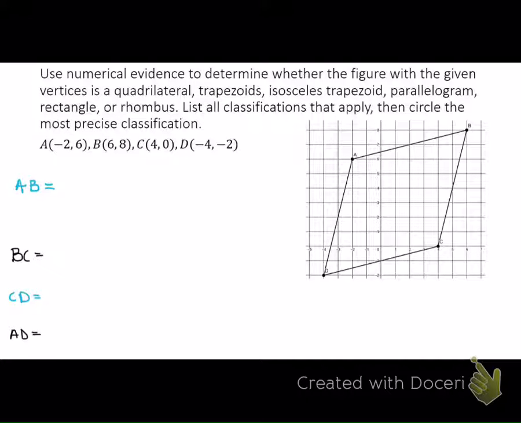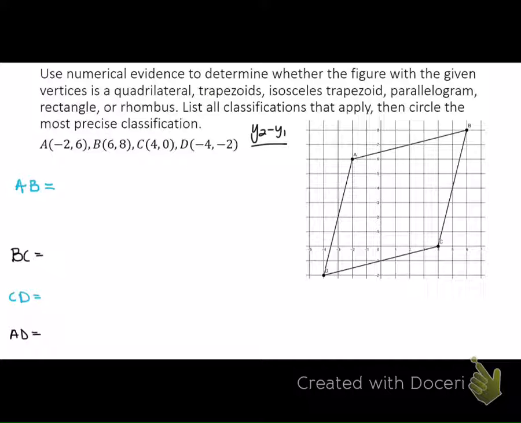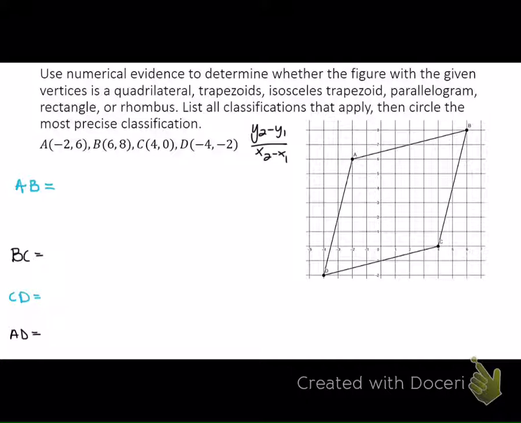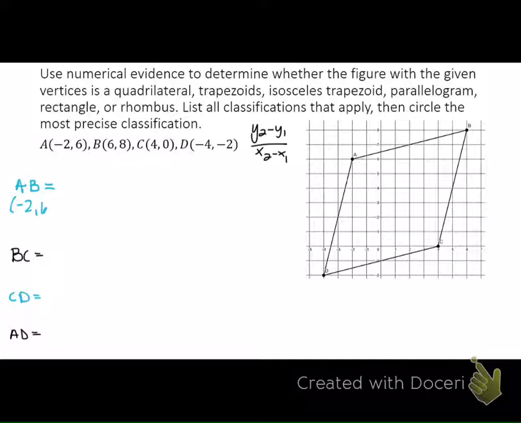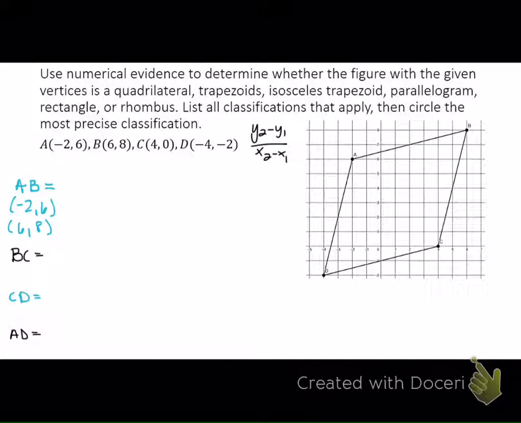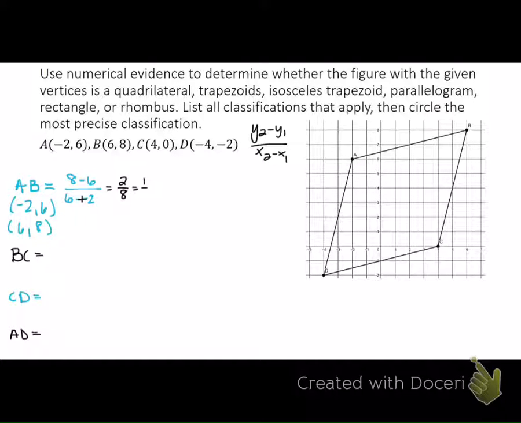As a reminder, the slope formula is y2 minus y1 over x2 minus x1. So 8 minus 6 over 6 minus a negative 2. Two negatives make a positive, so that's 2 over 8, or 1/4.